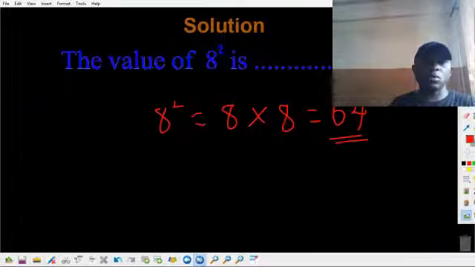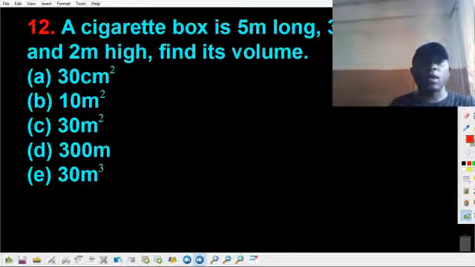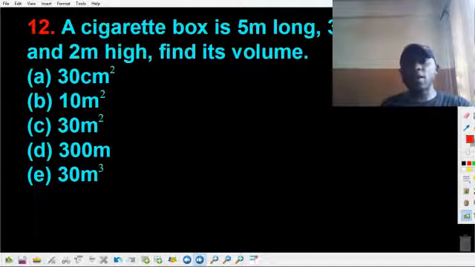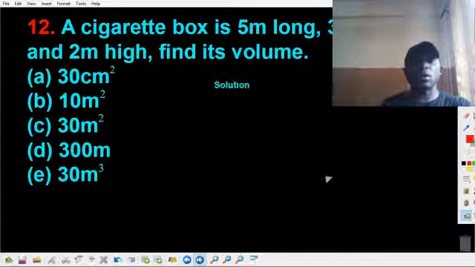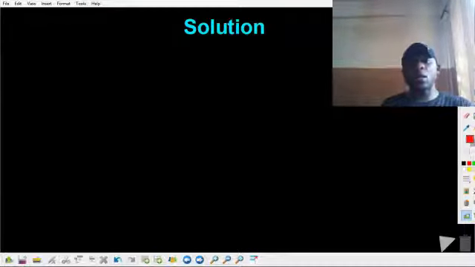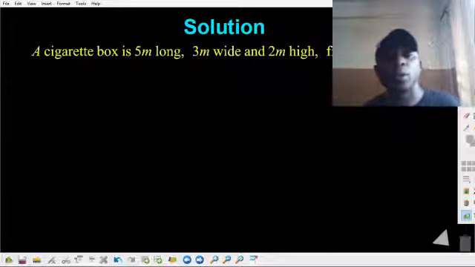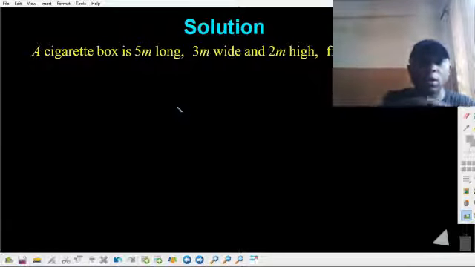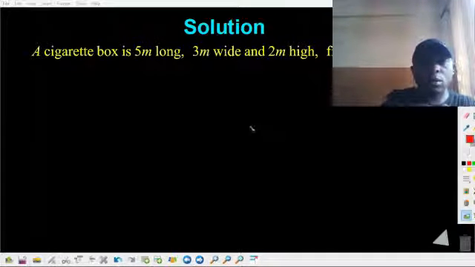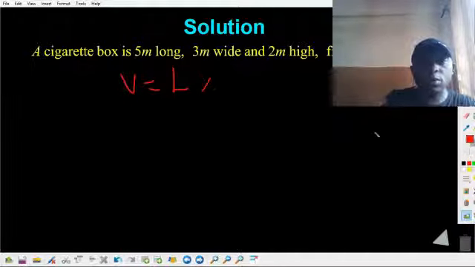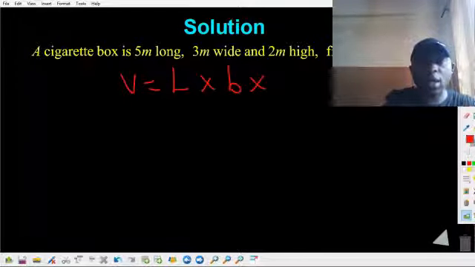Now let's proceed to number 12. A cigarette box is 5 meters long, 3 meters wide, and 2 meters high. Find its volume. Now, if you recall earlier, I said the volume of a solid is equal to length times breadth times height.